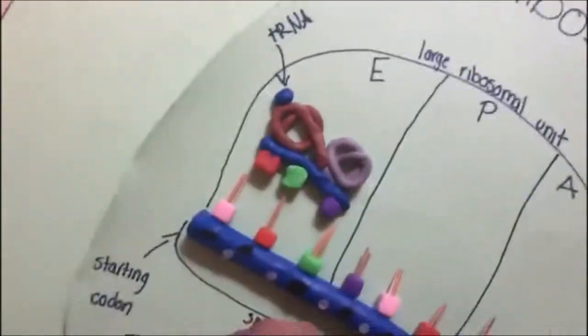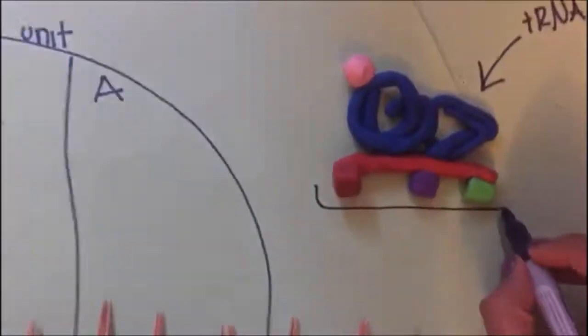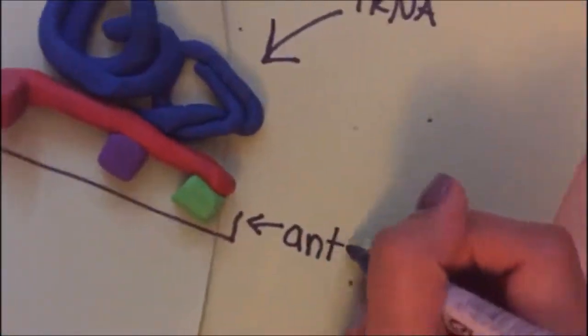Then, base pairing occurs between the mRNA codons and the tRNA anticodons. A codon is a 3-nucleotide sequence that codes for an amino acid. Codons are read without spaces as a series of 3, and this is called the reading frame.